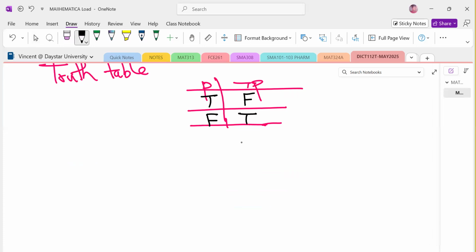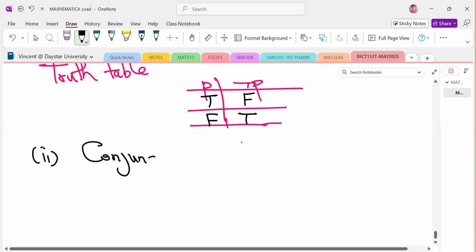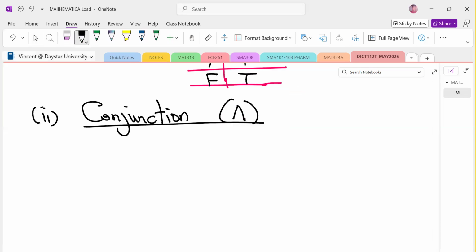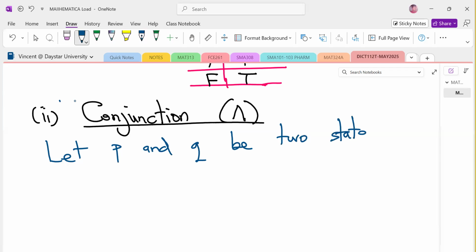We go to the second logical connective, what we call the conjunction. So for conjunction, this is the sign we use, inverted V. To define a conjunction, you need 2 statements. So we'll say, let P and Q be 2 statements. So we're defining a conjunction.